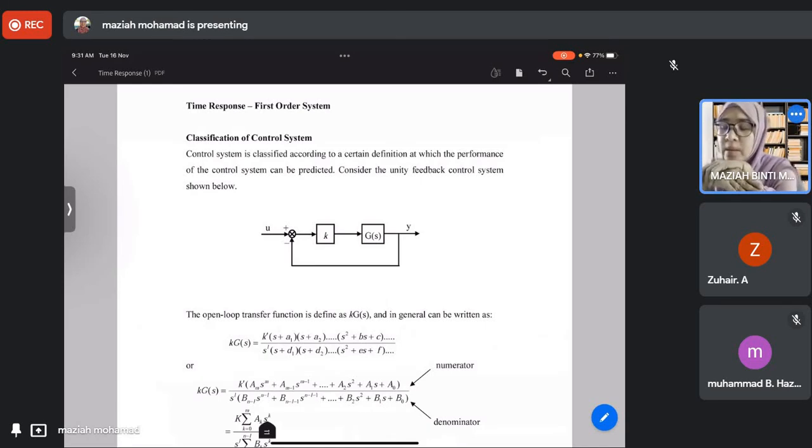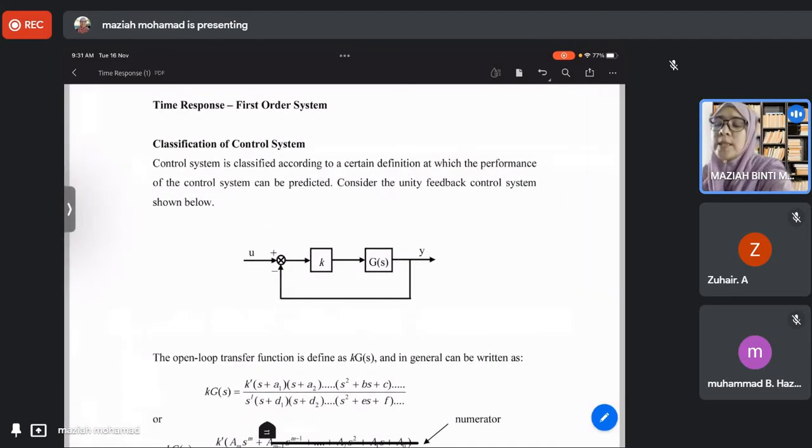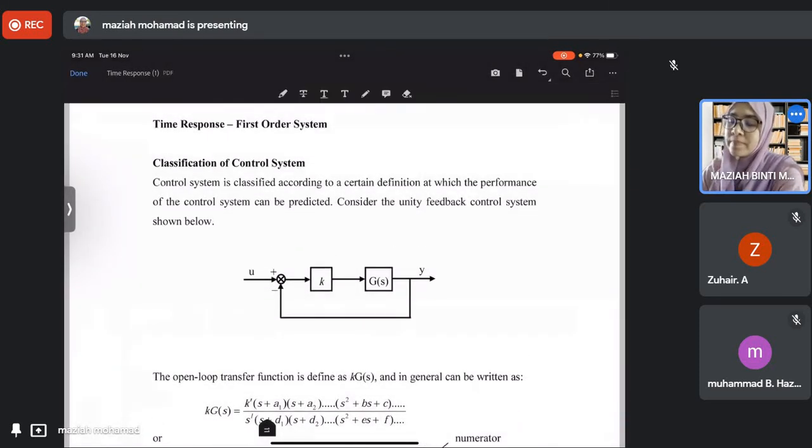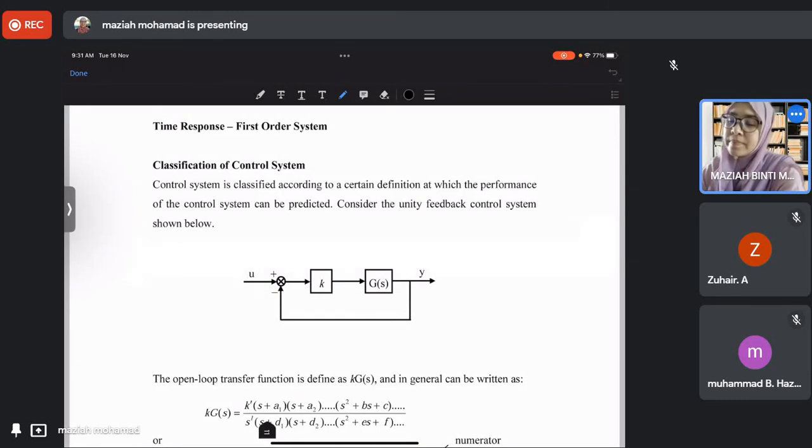So in order to do the classification of control system, we're going to consider the open loop transfer function.